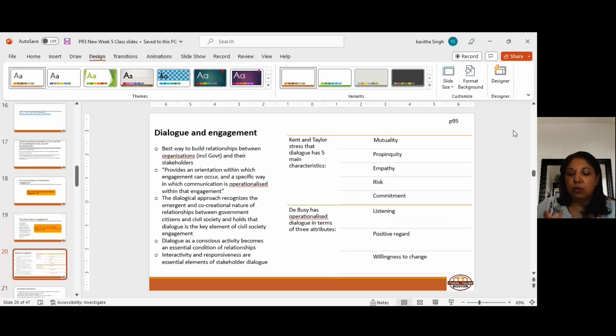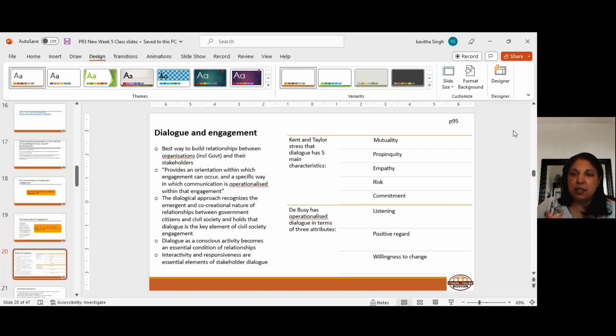When you look through all of these elements in both models, both authors have indicated that if you are having a conversation with a stakeholder, you're going to be empathetic, you're going to listen, you're going to have a positive attitude towards the conversation, and there must be a willingness to change. The dialogue is also a mutual arrangement in terms of the conversation that is being had.